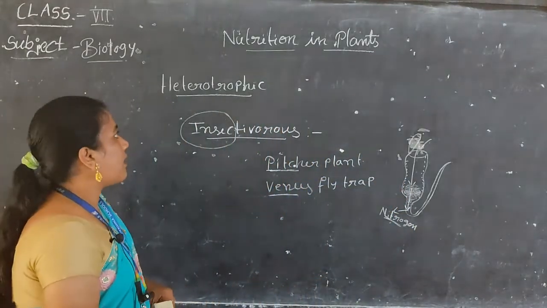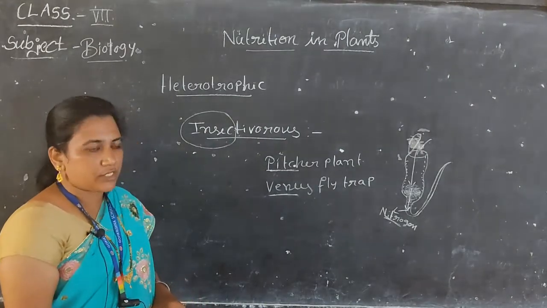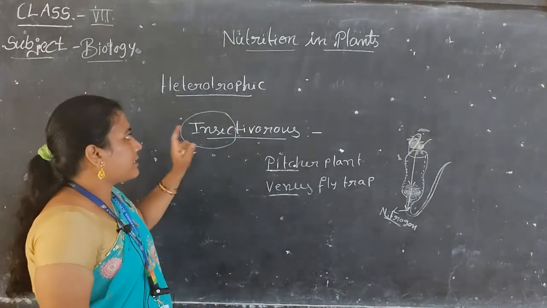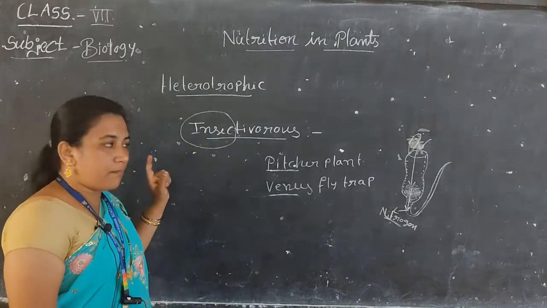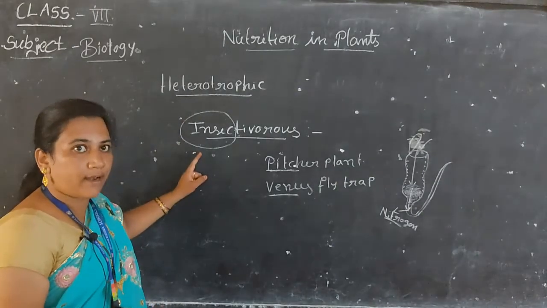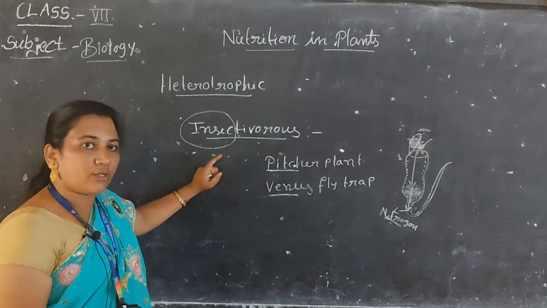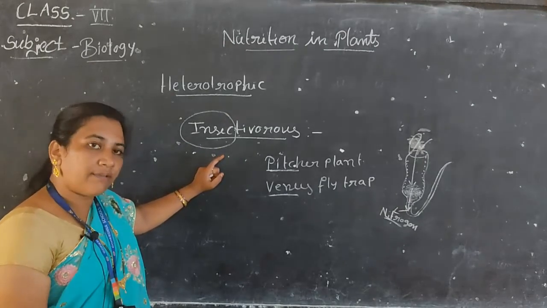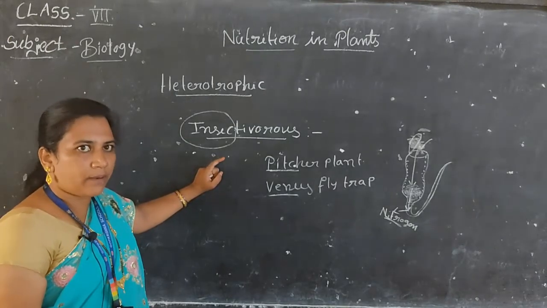So this is also one type of heterotrophic mode of nutrition. Here you have to understand why insectivorous plants are considered heterotrophic: why can't they prepare their own food materials even though they are green, have chlorophyll pigment, and are in sun, since all these requirements are there?